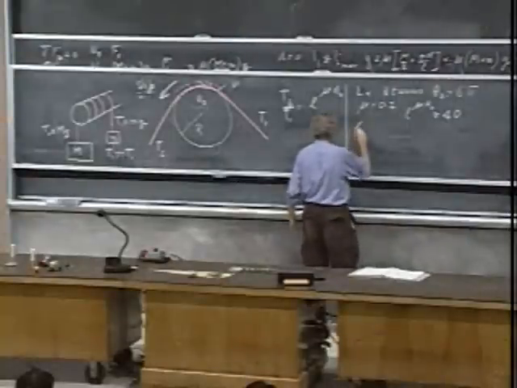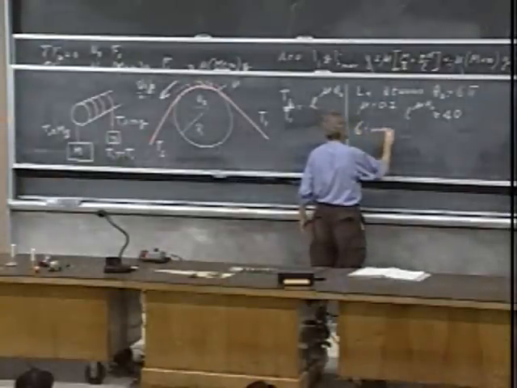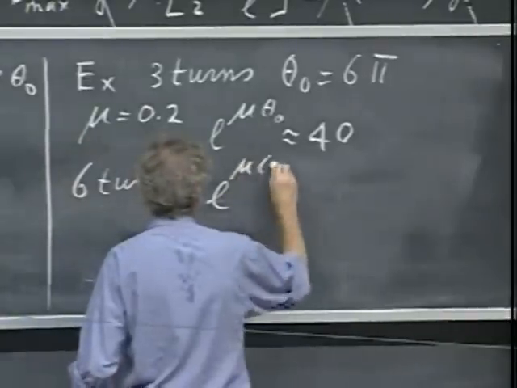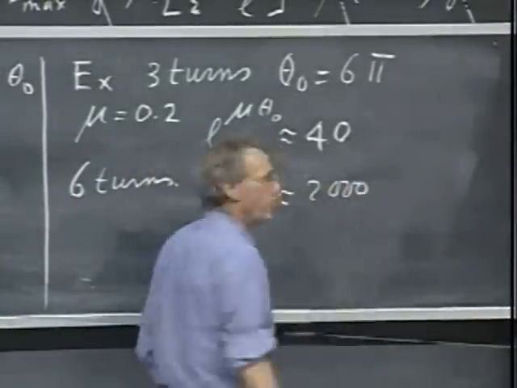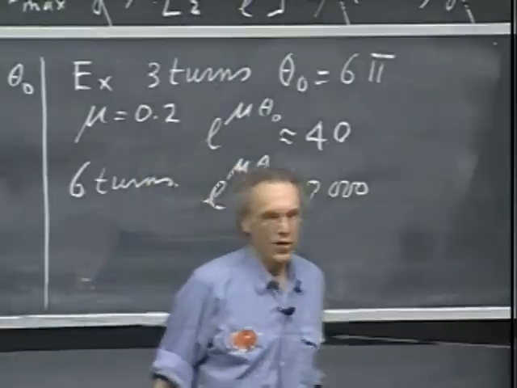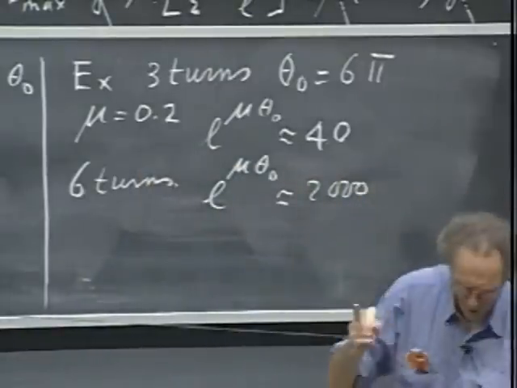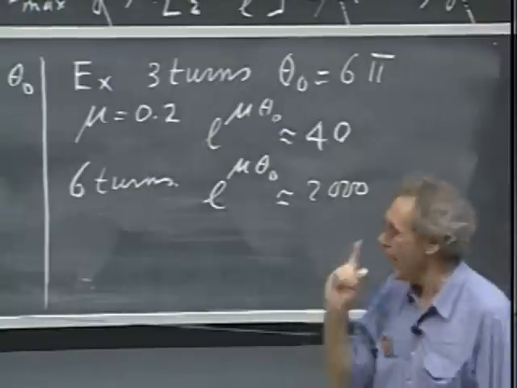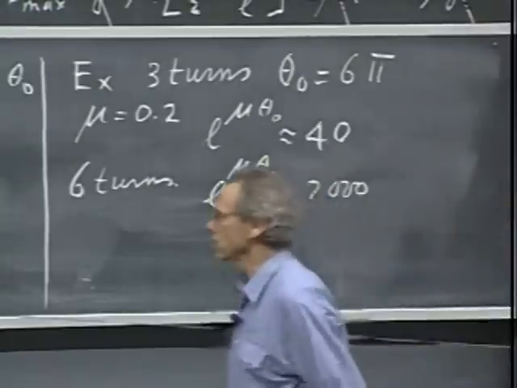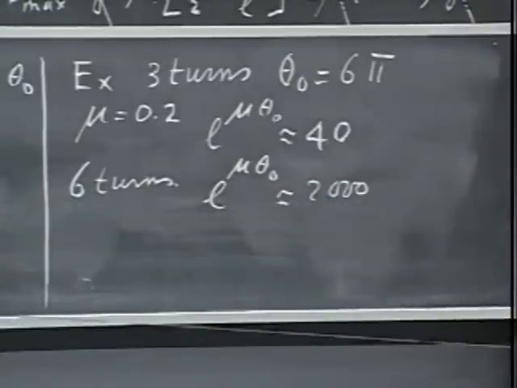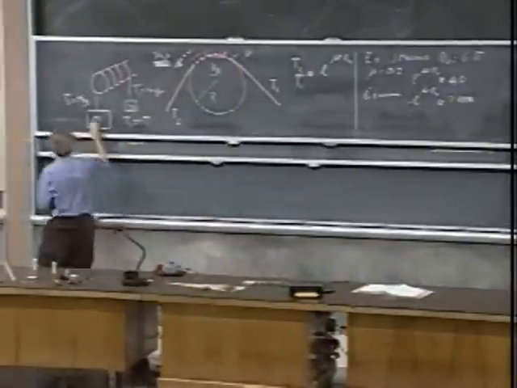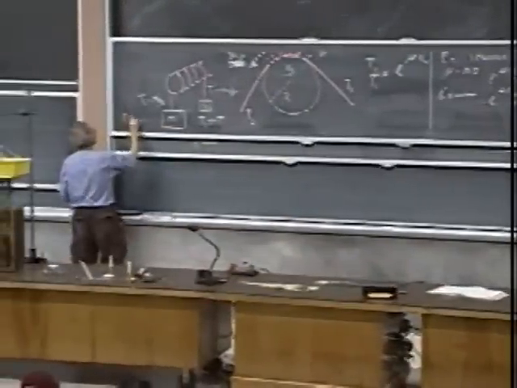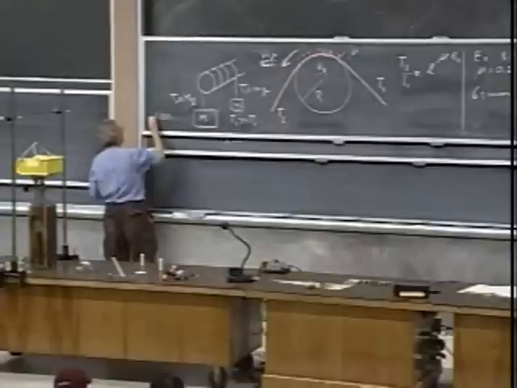But if I take 6 turns, then e to the power mu theta 0 will be about 2,000. So now I can really control an elephant. Imagine that I have here an object, capital M, which would be 5,000 kilograms. Make it 10,000 kilograms.